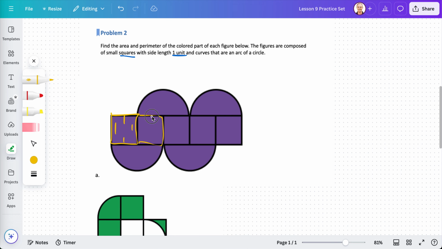So then we can say that this half circle has a diameter of 2. And we have one circle and 2 circles. And we have 1, 2, 3, 4, 5 squares.